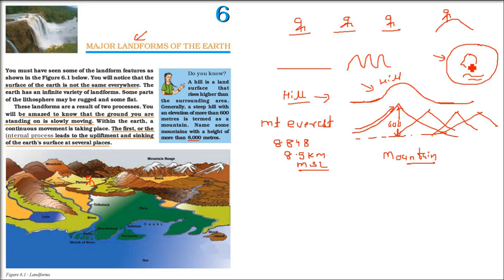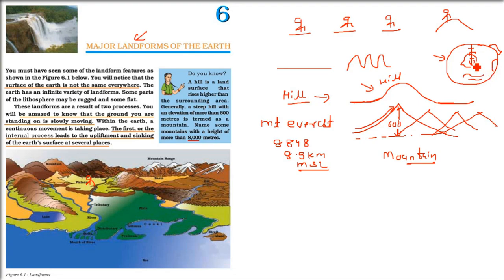And why is this movement taking place? What are the reasons for that? Because the earth by itself has a core in the center, then you have the mantle, upper mantle, then you have the crust. So there are things changing. All the forms, whether land form or water form, are changing. So internal processes are taking place.